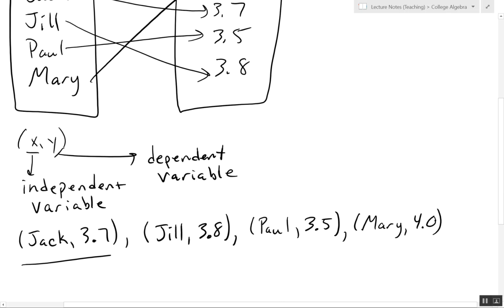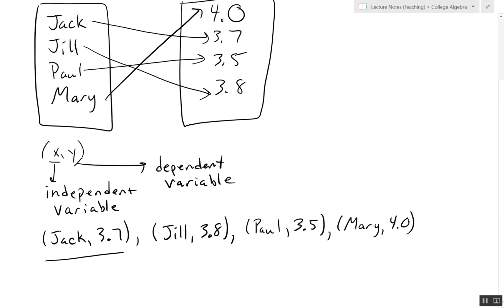Let me zoom out a little bit so we can see the entire list. So we have ordered pair 1 here for Jack, ordered pair 2 here for Jill, ordered pair 3 for Paul here, and ordered pair 4 for Mary here. Now, the crappy thing with math sometimes is it has some weird notation, and in this case it does. This is a list of objects, and in math, when you have a list or a set of ordered pairs, we have to enclose them in these weird brackets like this.